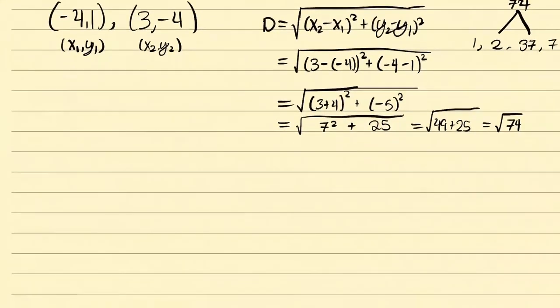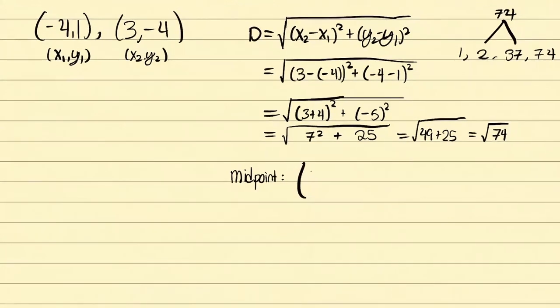And then we can find the midpoint. So it's going to be x1 plus x2 over 2. Add y1.